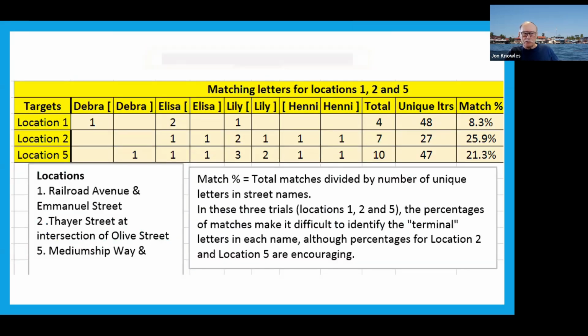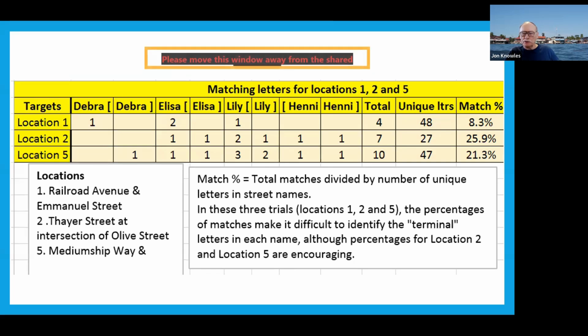Some more matching from locations 1, 2, and 5. Again, there are percentages that are a little higher though, 25 and 21% on the right-hand column. This is from all 4 viewers now, for just these 3 locations. So the sample size is small, just 3 locations, but the percentages are higher and perhaps indicate that they would be useful even for this, that is, for matching intersections.